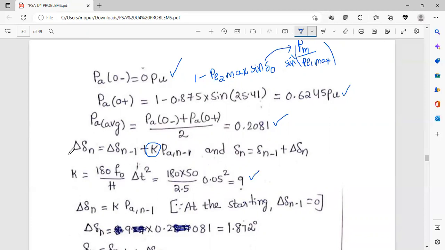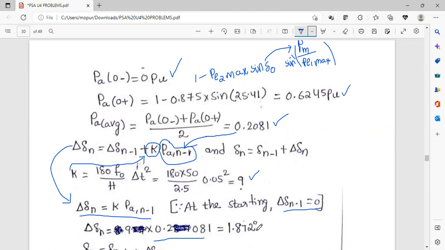Now del omega n. What is this? In this formula, you substitute this K to get this equation. Initially del omega n minus 1 will be 0. So del omega n equals K into PA of n minus 1. K is 9, and PA of n minus 1 is PA average. So PA average is 0.2081, and you will get the value of del omega n.